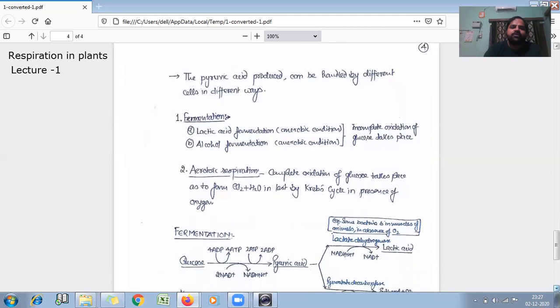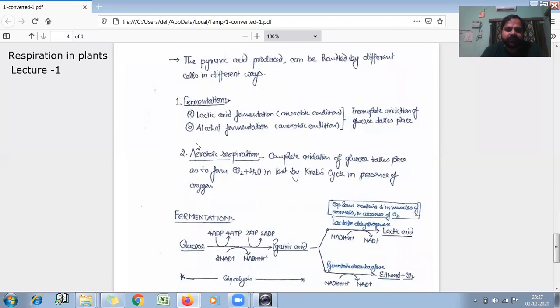So first we will talk about fermentation here, but before starting the fermentation, we will see some glimpse about the fate of this pyruvic acid.